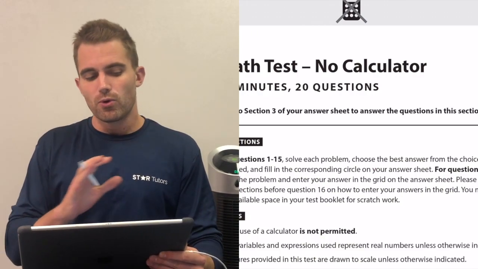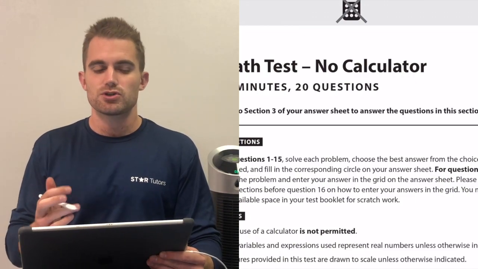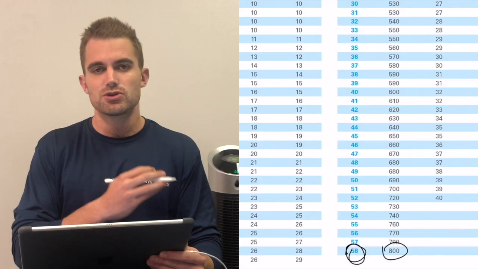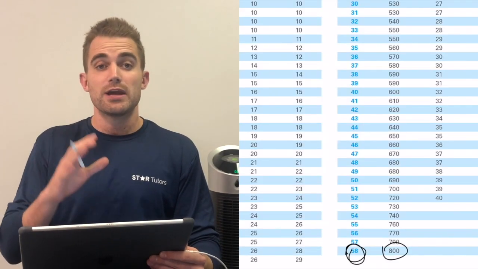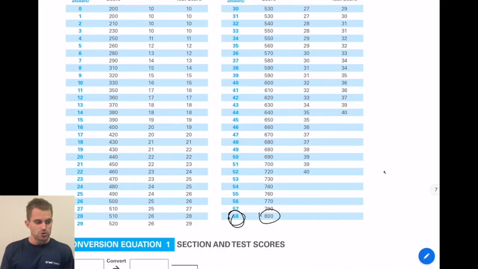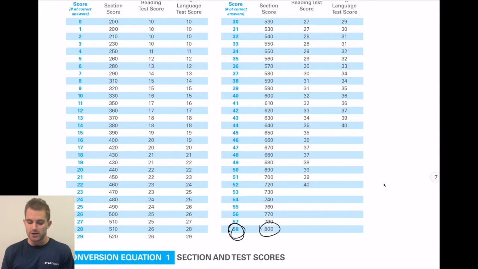But more importantly, before we get going with the actual test, one of the things I want to show you guys is the scoring as it relates to the SAT No Calculator section, and more specifically to the SAT Math section as a whole. On the SAT test, don't forget that there are two sections, and both sections equate to the overall 800 score.